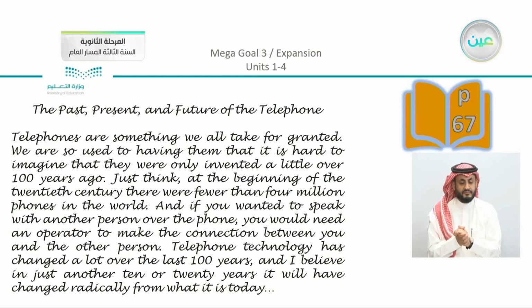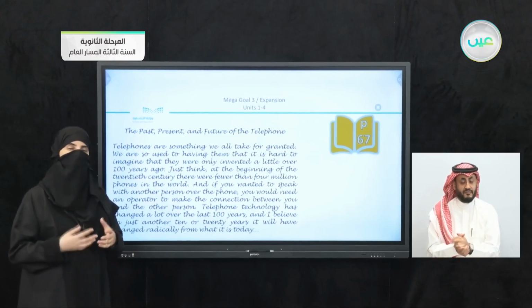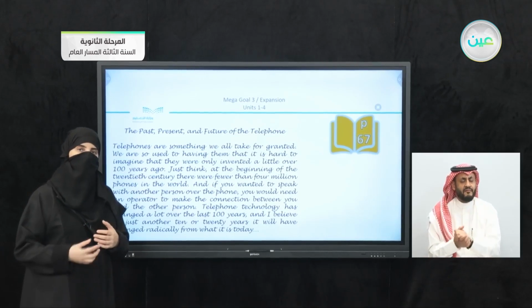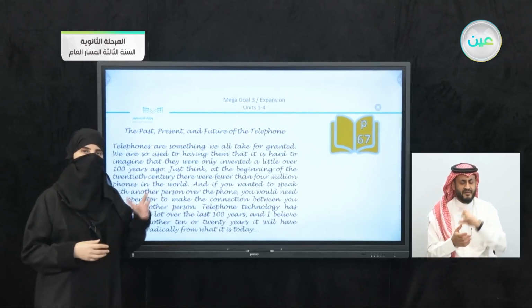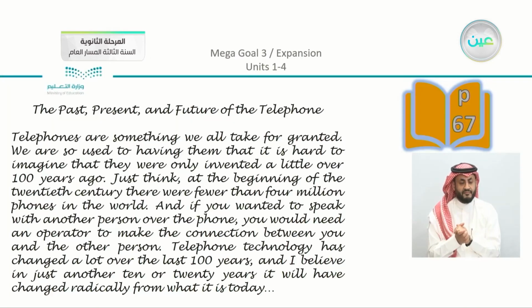Now they did write an example for you here, just to get an idea of what they mean when they say choose a device or technology. Here's a short paragraph in the book, so let's read it together. The past, present, and future of the telephone. Telephones are something we all take for granted.